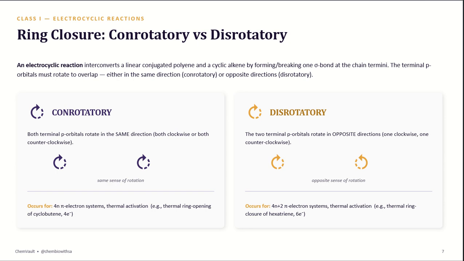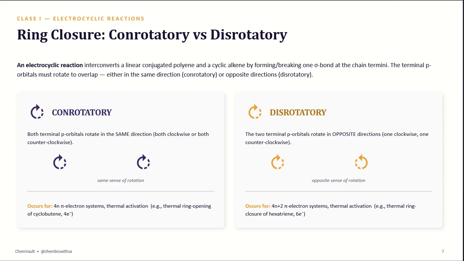In the conrotatory mode, both terminal orbitals rotate in the same direction, both clockwise or both counterclockwise. In the disrotatory mode, they rotate in opposite directions, one clockwise, one counterclockwise. Now, which mode is followed depends purely on electron count.